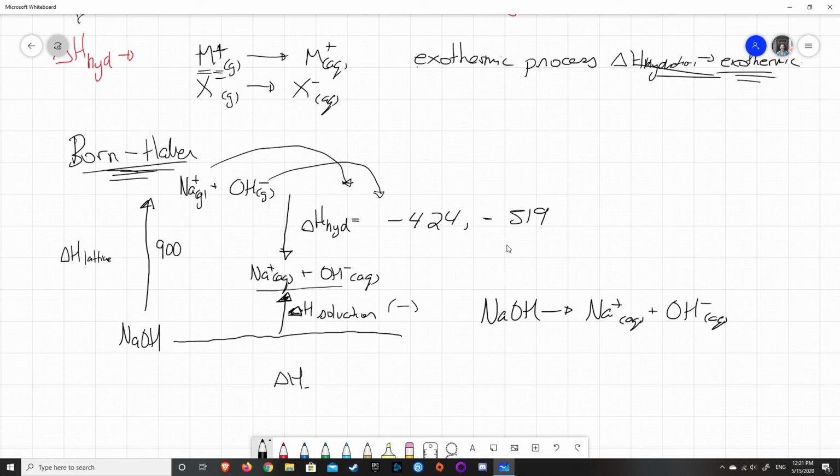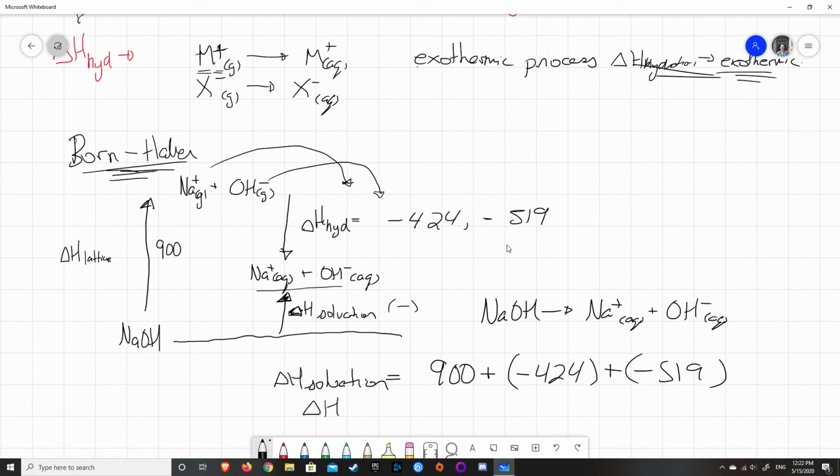So delta H of solvation. And we do just like we would before. We want to arrive at this value. So we have 900. Then we want to come back down to this value. So plus negative 424 plus negative 519.